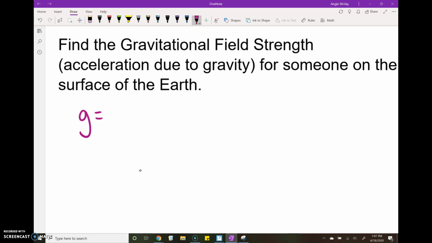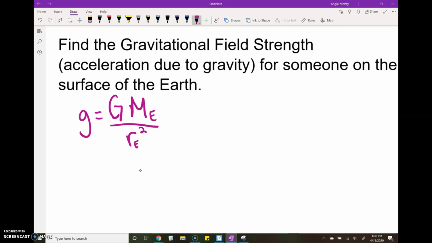So we know what we expect it to be. g equals big G times, if we are on the surface of the Earth, capital M, the mass of the Earth, over R squared. Where will we be located near the surface of the Earth? What will be R? Well, that would be the radius of the Earth, right? The distance from the center of the Earth to the center of us.